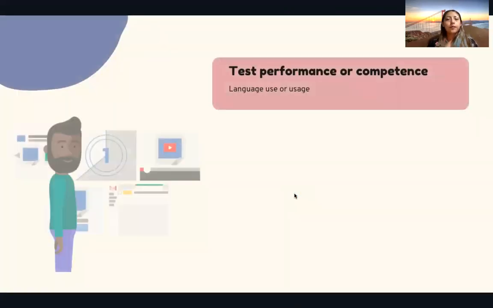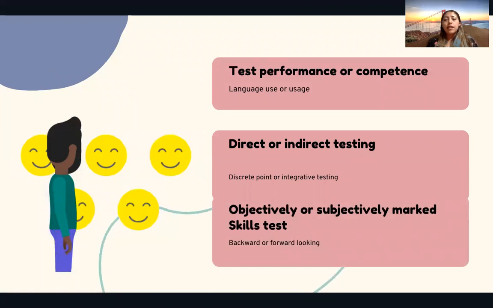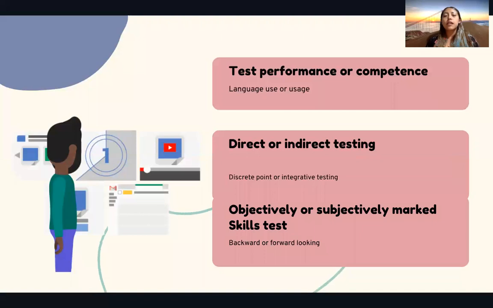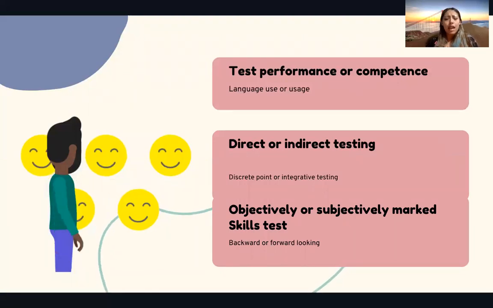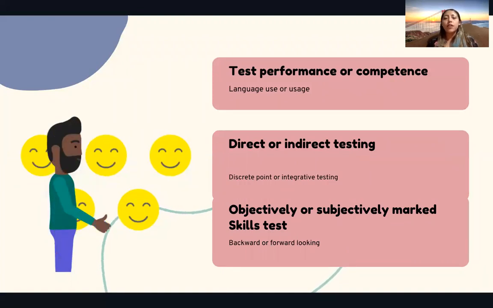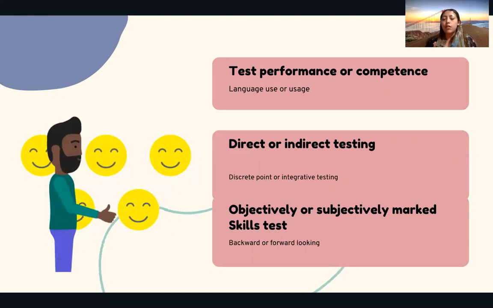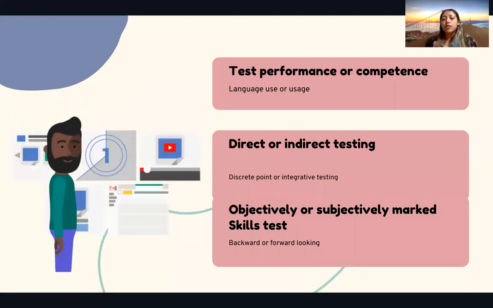Well, we are going to reflect and think about test performance, the differences between test performance or competence, language use or usage, direct or indirect testing, discrete point or integrative testing, objectively or subjectively marked, skills, backward or forward-looking. But it is going to be related to our practice.